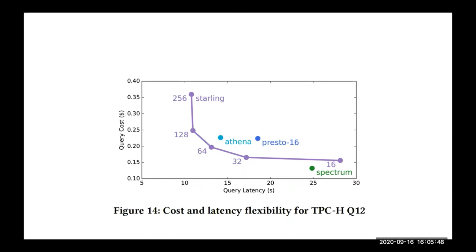Presto and Athena all have a single cost latency trade-off, but Starling gives you that flexibility because you can choose to have more workers and increase your query cost at the benefit of having a smaller latency, or otherwise you could trade that off with a higher query latency with a smaller query cost.